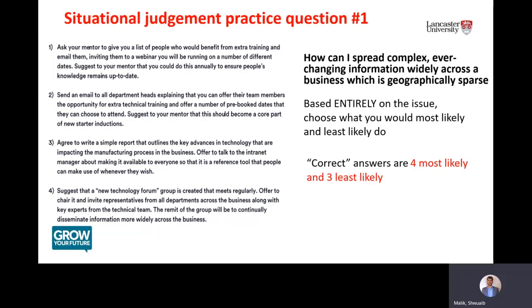So that's why 3 is not necessarily awful, but it just doesn't really grasp and solve the issue at hand. And if you're thinking about outcomes in the situation, 3 really isn't going to ensure that everyone in this business gets hold of the information that they need and engages with it in an effective way.